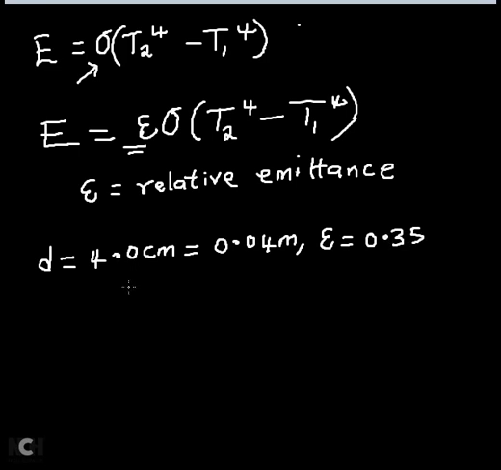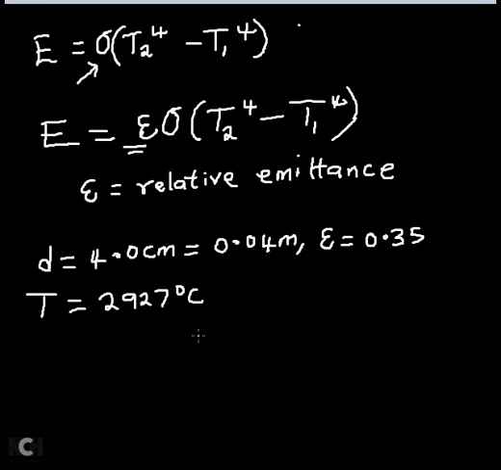The question is to find the energy lost by radiation in 1 second when the temperature of the ball is equal to 2927 degrees Celsius.